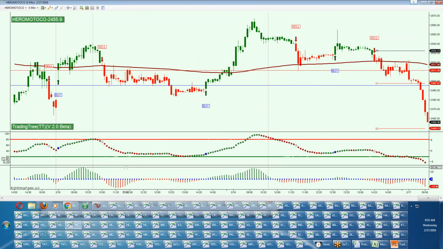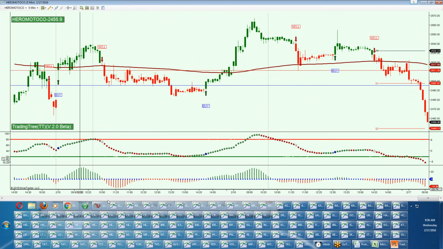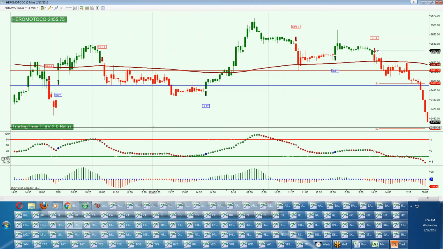It has fallen drastically. The next level will be 2450.